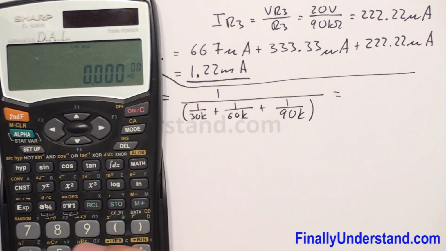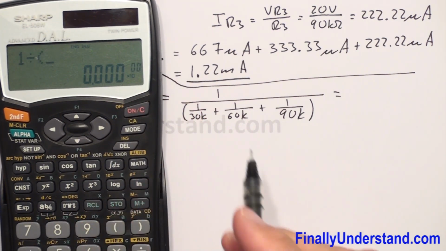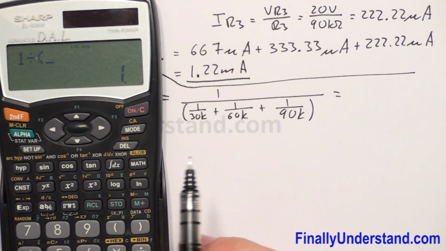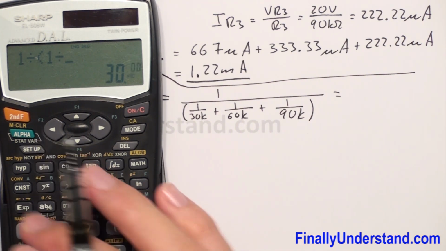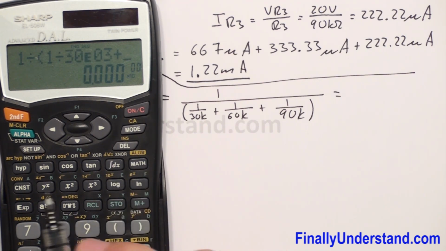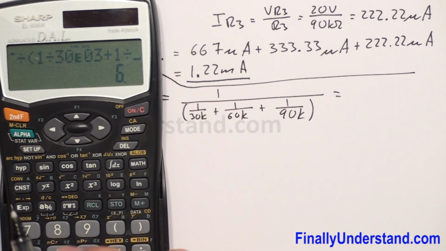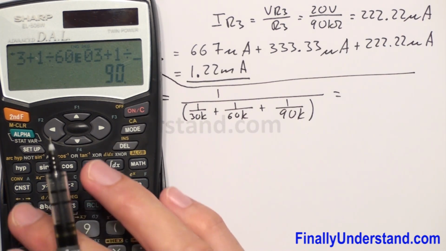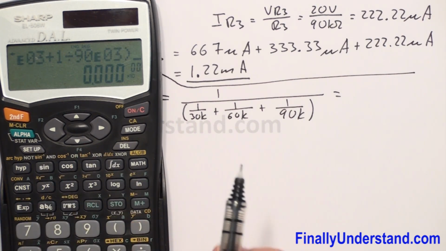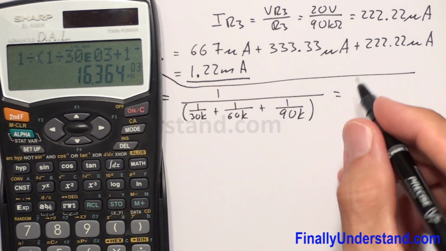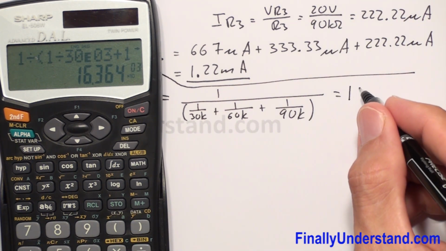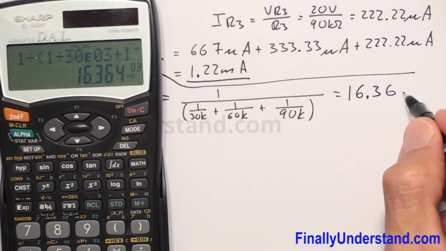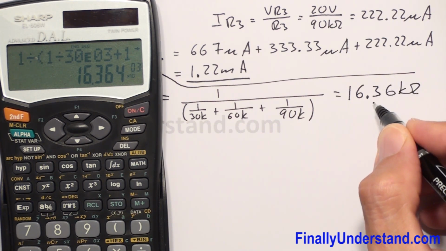Again I'm going to use the calculator: 1 divided by open parenthesis, 1 divided by 30 exponent 3, plus 1 divided by 60 exponent 3, plus 1 divided by 90 exponent 3, close parenthesis, equals 16.36 kiloohms.